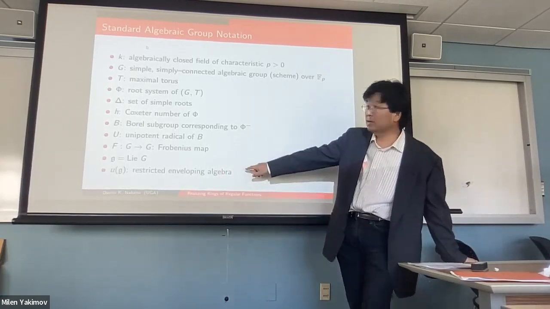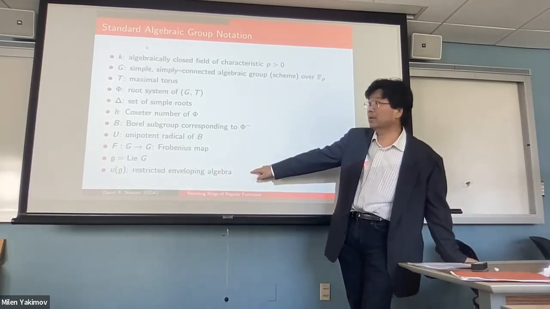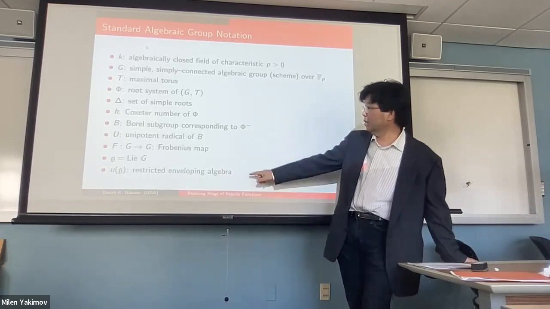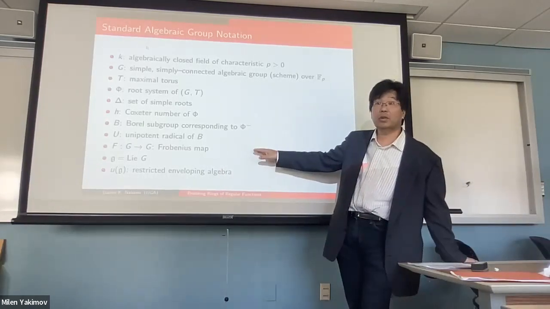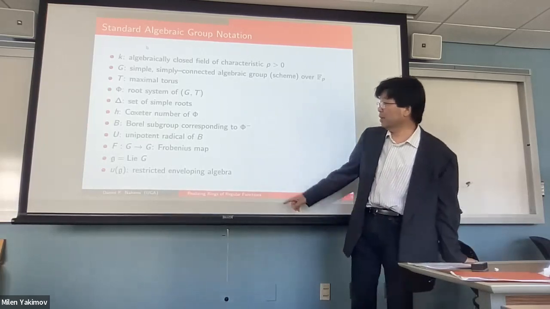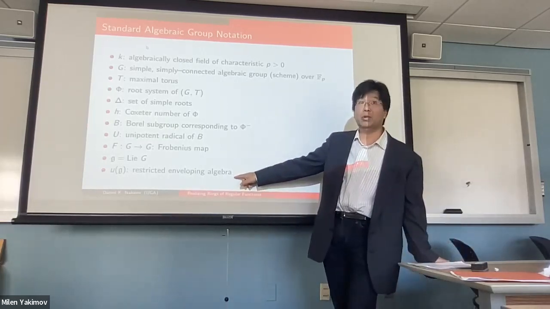This is a quotient of the ordinary universal enveloping algebra by an ideal which is generated by central elements. And so this algebra doesn't exist in characteristic zero, it exists in characteristic p. And the nice thing about this algebra is it's a finite dimensional algebra.